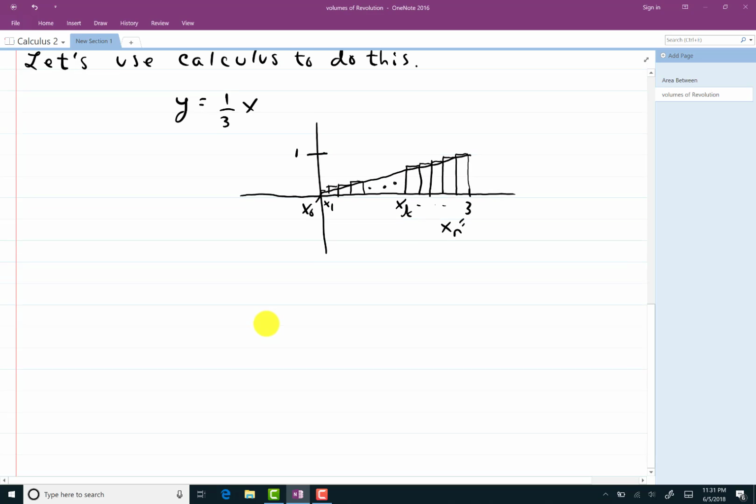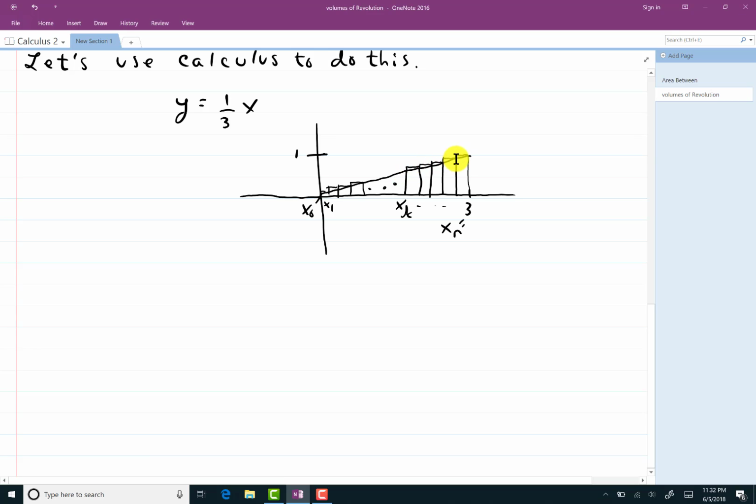Well, instead of just trying to take the volume like we did before, what we're going to do is work with these things. If you look at these things, they're rectangles. And if you remember, according to the Riemann sums, we would add up the areas of these rectangles to approximate the area under the curve.